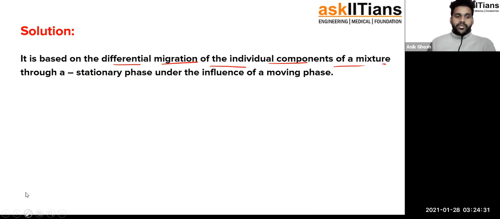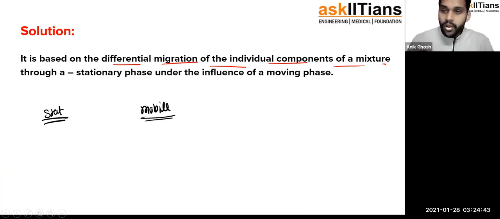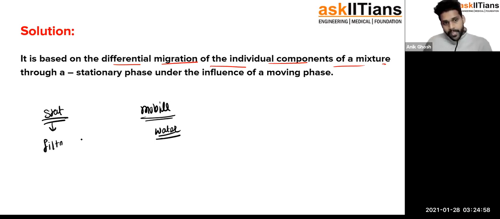There are two types of phase: one is the stationary phase, another is the mobile phase. Mobile phase is the water that is coming up, and stationary phase is the filter paper that is there. That is what they are trying to tell you.